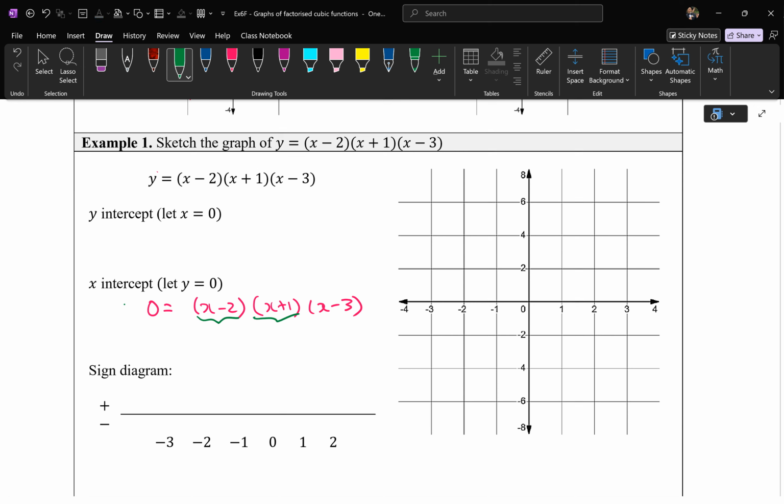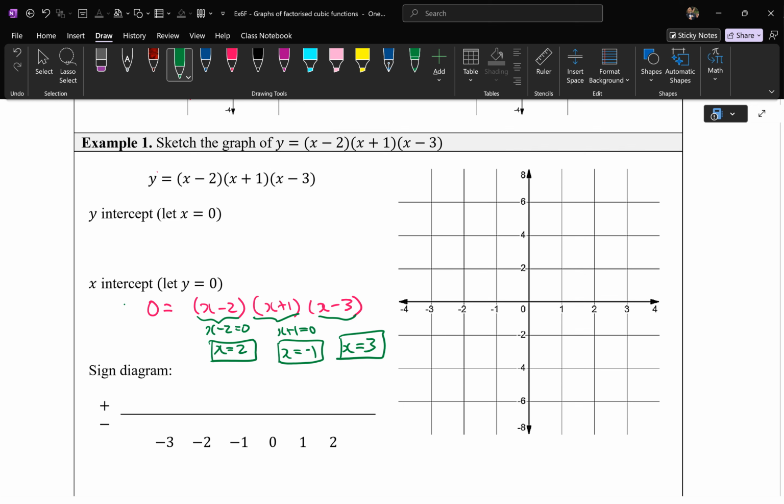This times this has to equal 0, so one of them has to equal 0. So x minus 2 equals 0, then solving, the x-intercept is at 2. X plus 1 equals 0 means x equals negative 1. What about the last one? x equals 3. We have 3 x-intercepts that we can expect.